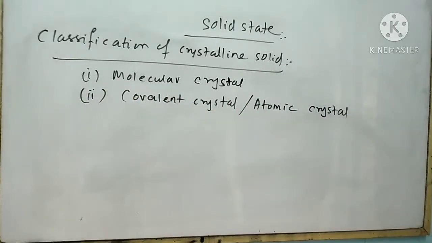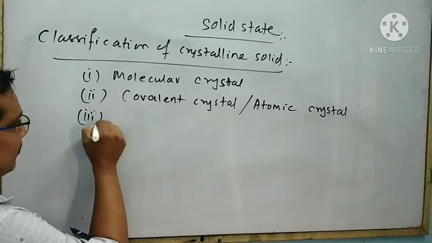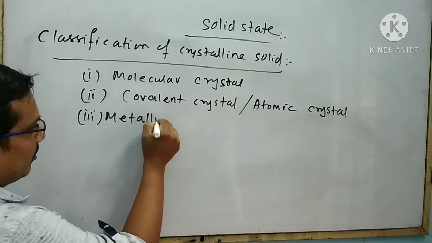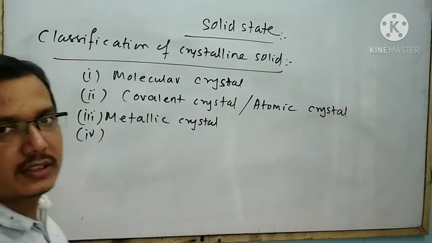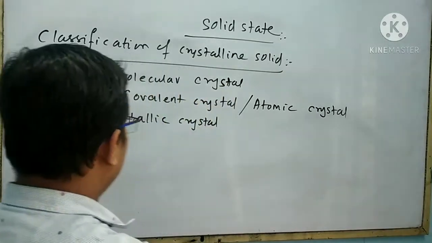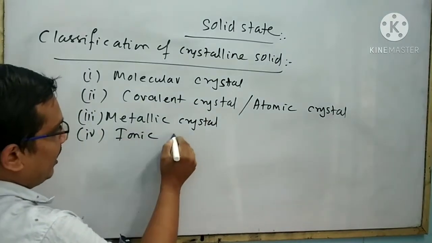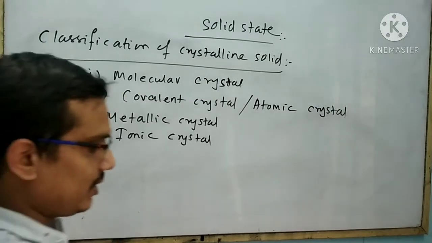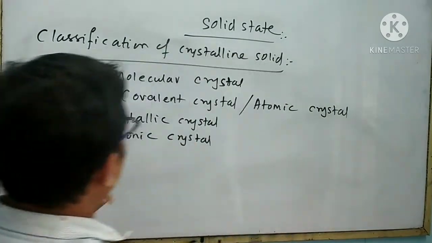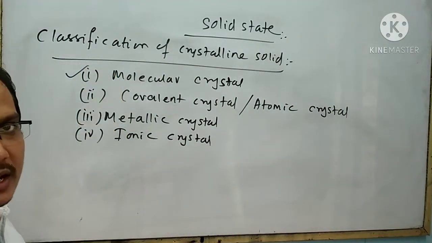Third is metallic crystal. Fourth is ionic crystal. There are 4 types of crystalline solid. At first, I will discuss the molecular crystal.